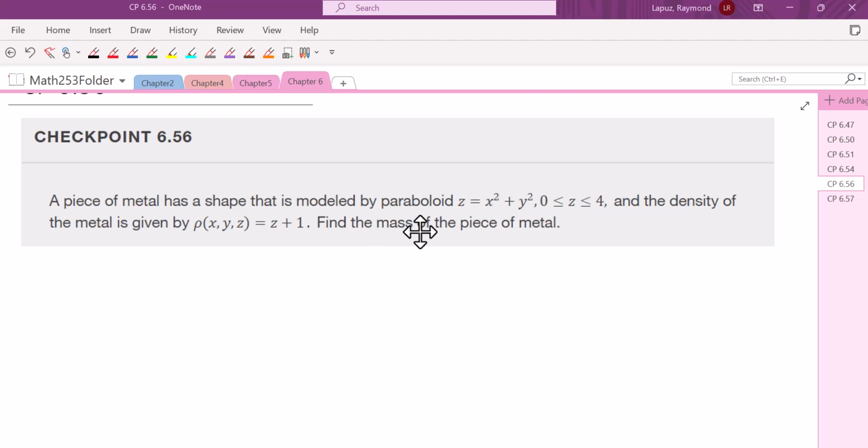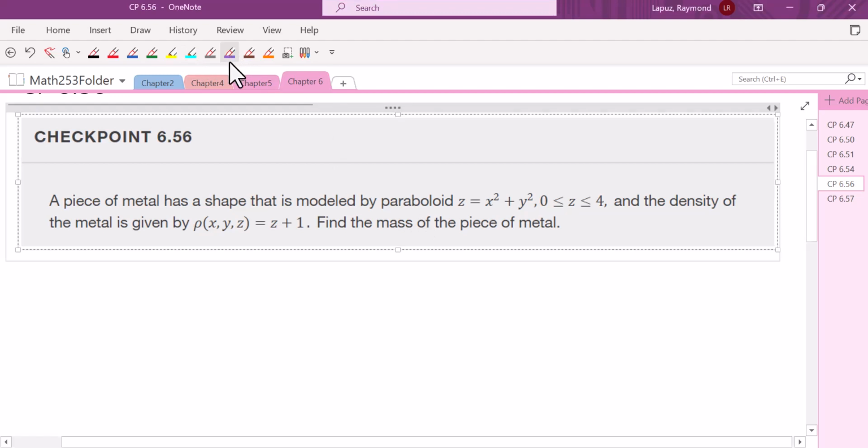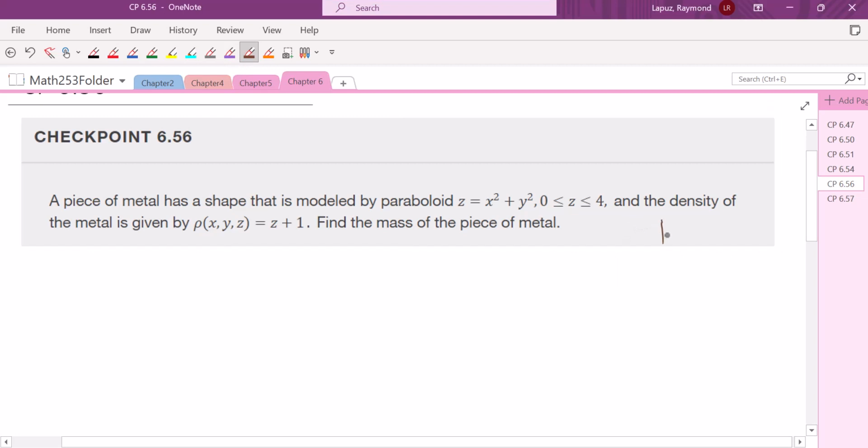All right, so mass is going to be density times the area, and the area is going to be the surface area that we will be looking for. So we begin by working with this paraboloid. This is your paraboloid, and it goes up to 4, so we will probably need this shadow later on the xy plane.